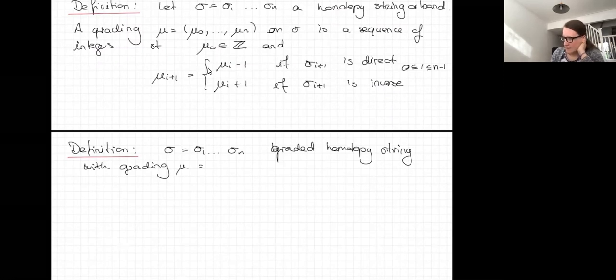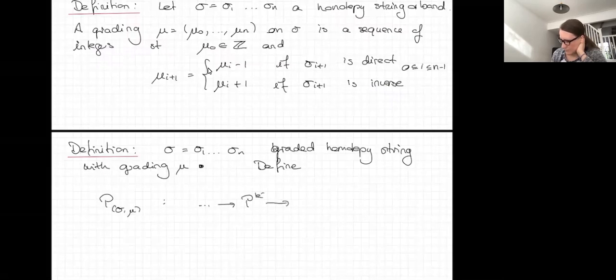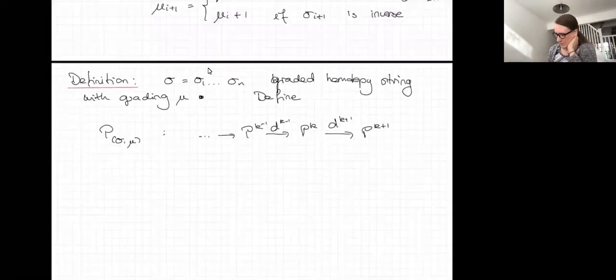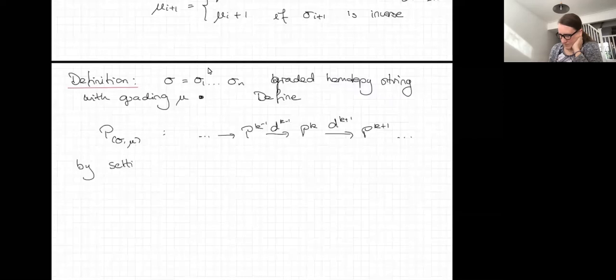Then we define a complex P sigma mu, going from P k minus 1 to P k plus 1 with differential d k plus 1, by setting the following.